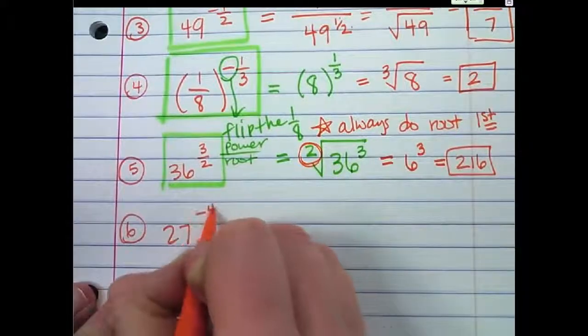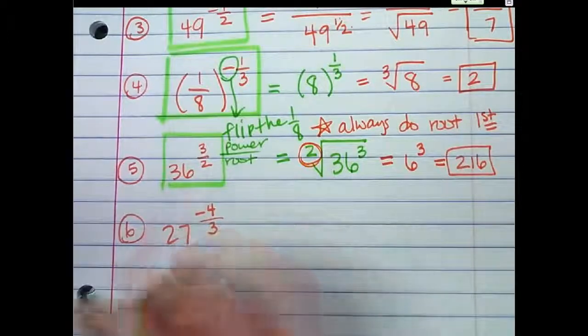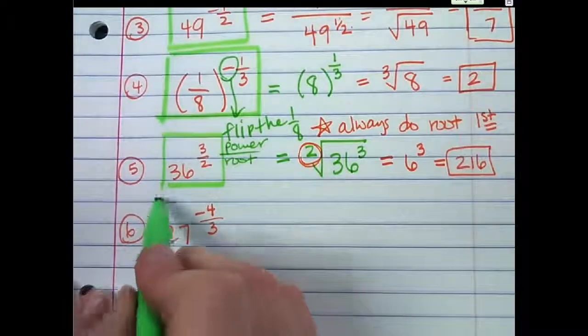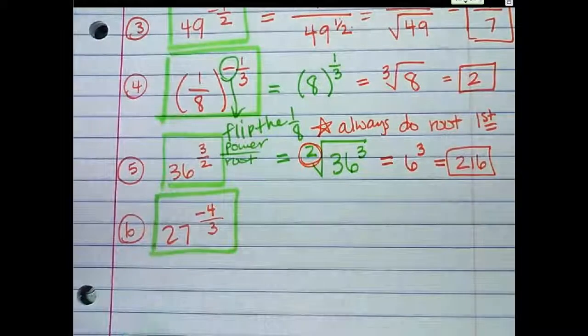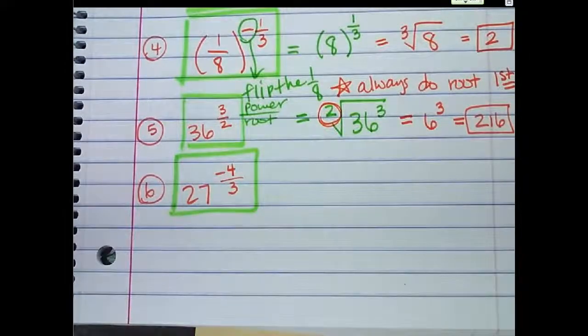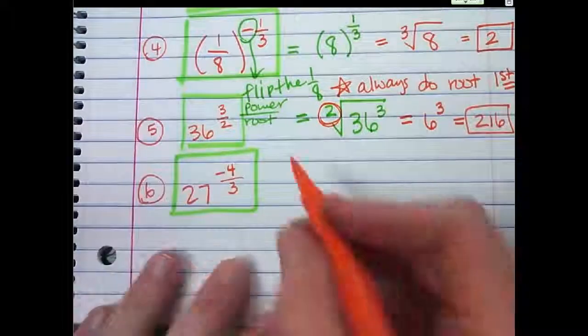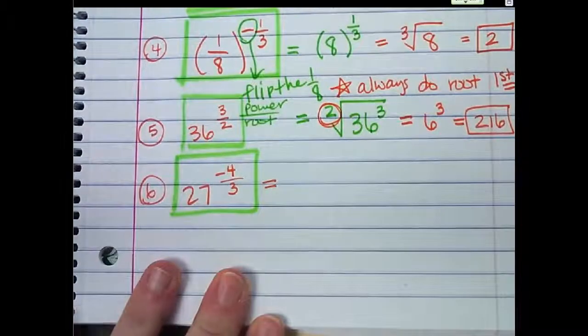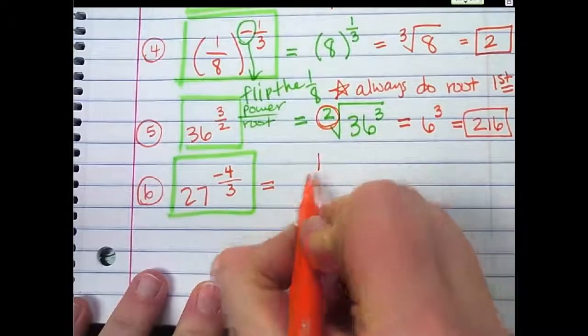Number 6. 27 to the negative 4/3. What would you do first on this one? Yeah, make it positive, so put it in fraction form.